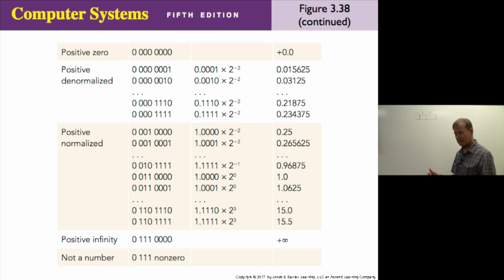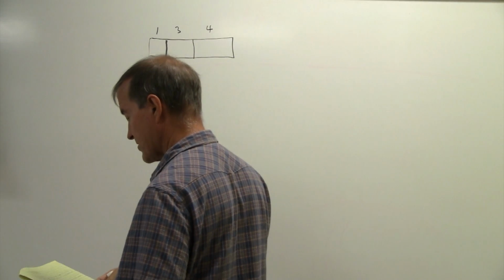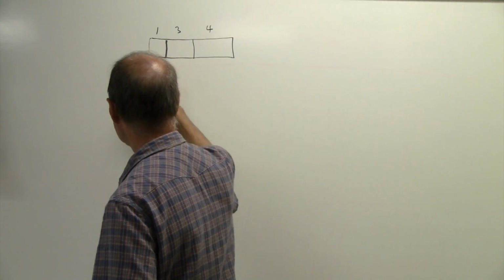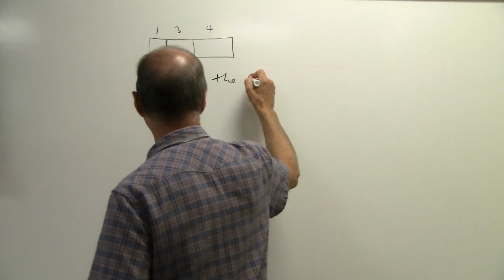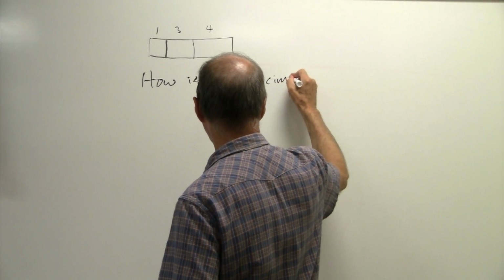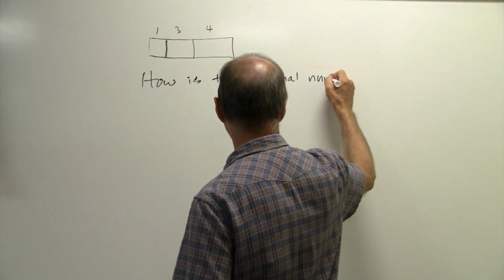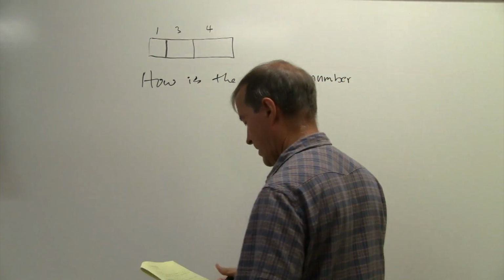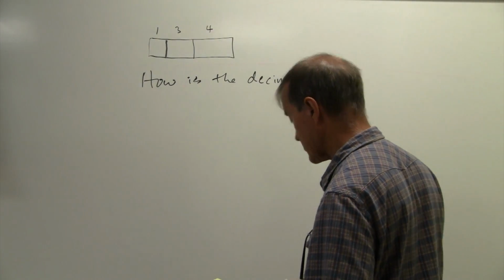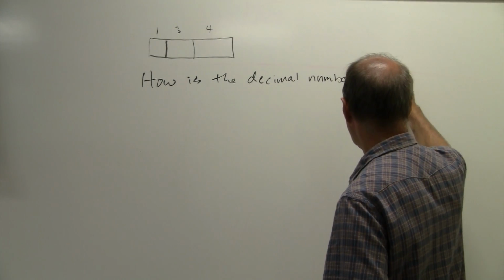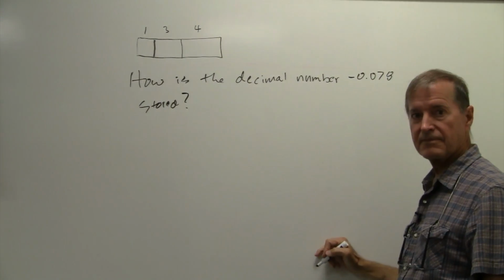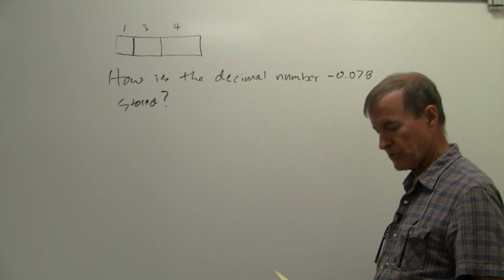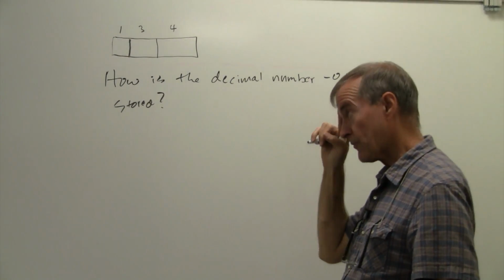So let's do an example. The question is, how is the decimal number negative 0.078 stored? Okay, so what's the first thing that we notice?